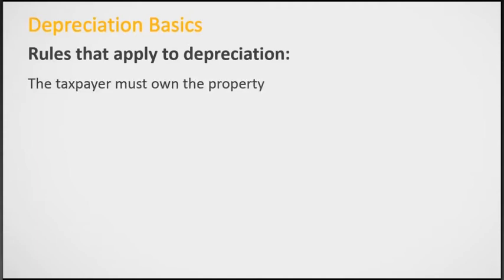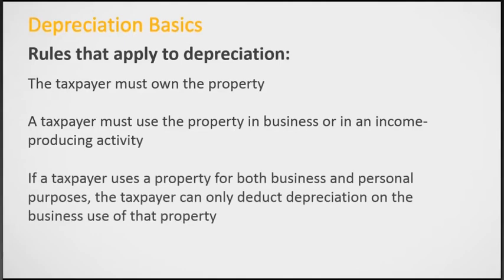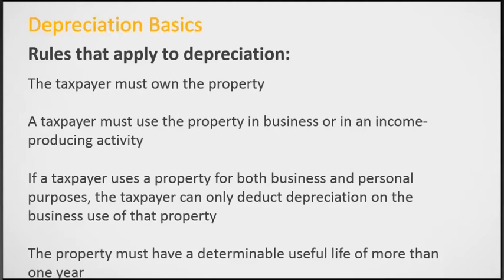First of all, the taxpayer must own the property. It can't be rented property, leased property. They must own it. The taxpayer must use this property in producing income. If they use it for both business and personal, they can only deduct the depreciation on the business use of the property. It must have a useful life of more than 1 year.